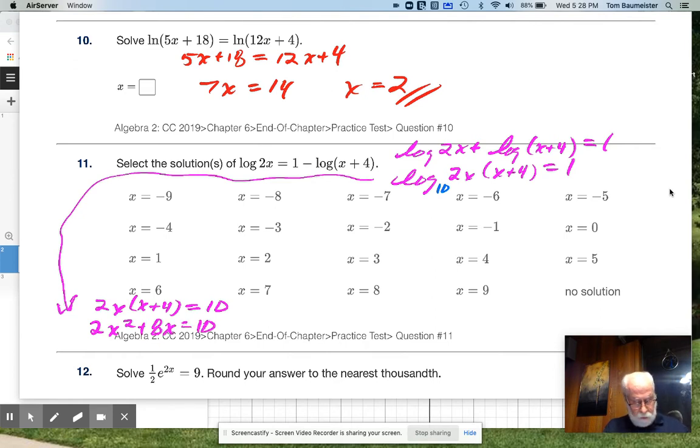Remember, my goal is to solve for that, so I'm going to subtract 10 and set it equal to 0. Okay, on this one here, I want you to think I can factor out a 2. And then if I divide, 0 divided by 2 is 0. So on this side here, I'm going to get x squared plus 4x minus 5 is equal to 0.